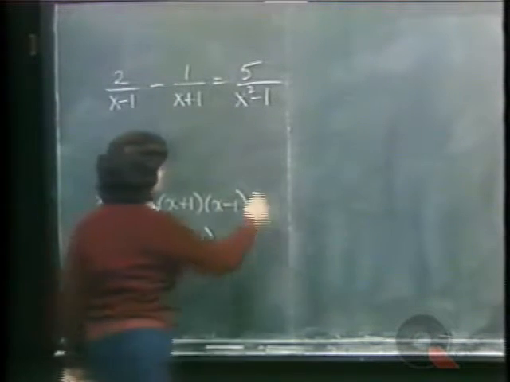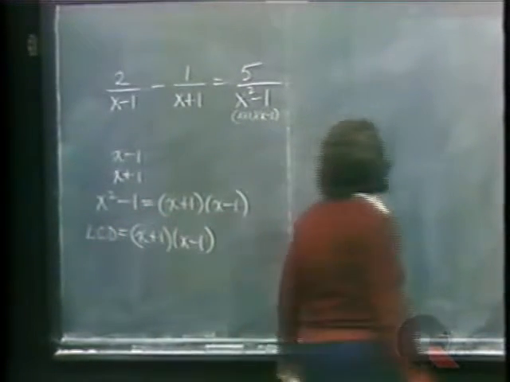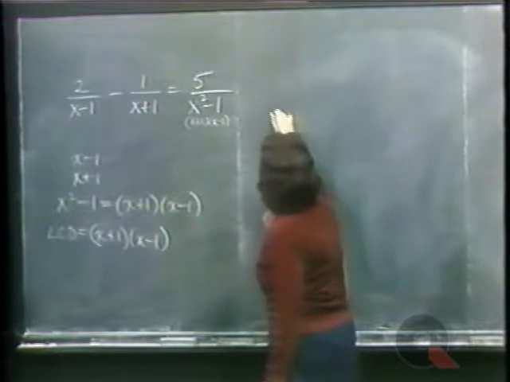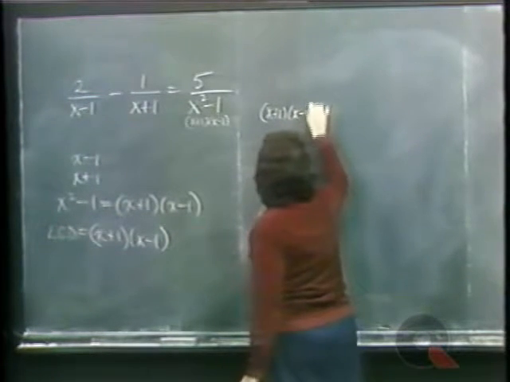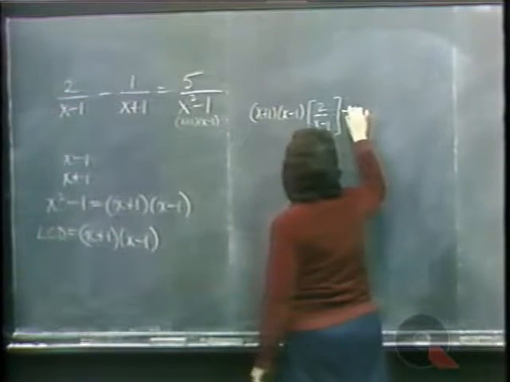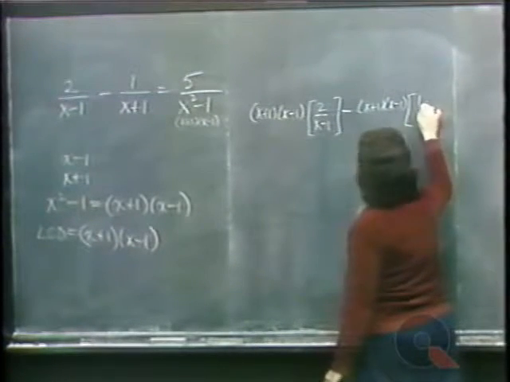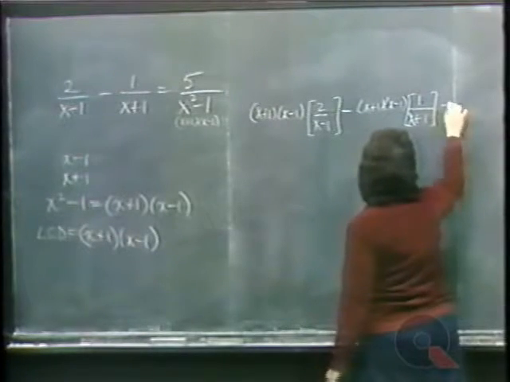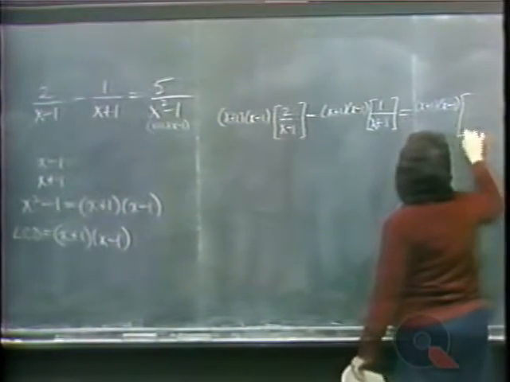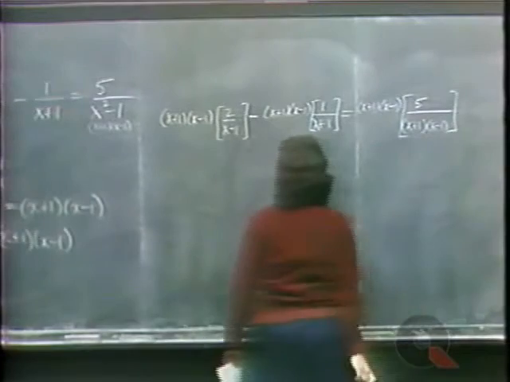We are going to multiply both sides of this equation by x plus 1 times x minus 1 in an effort to clear fractions and make solving a little easier. x plus 1 times x minus 1 times the first term on the left, 2 over x minus 1, minus x plus 1 times x minus 1 times 1 over x plus 1 equals x plus 1 times x minus 1 times 5 over x squared minus 1, but x squared minus 1 is just x plus 1 times x minus 1.